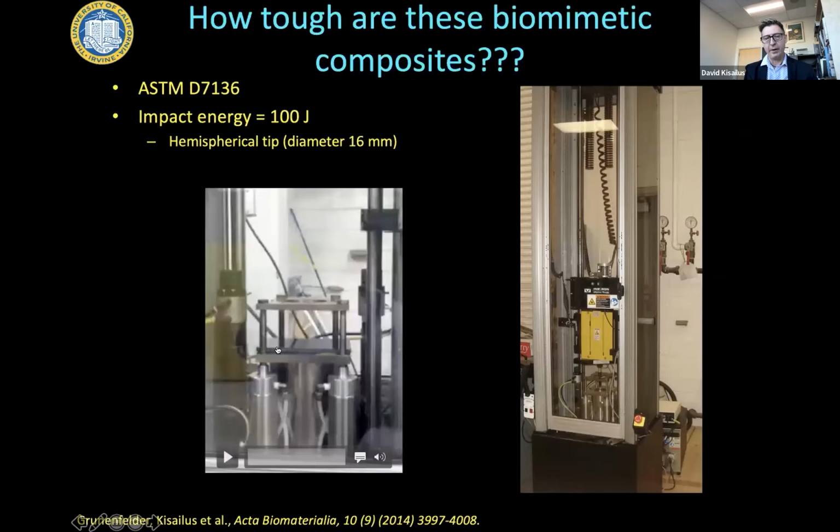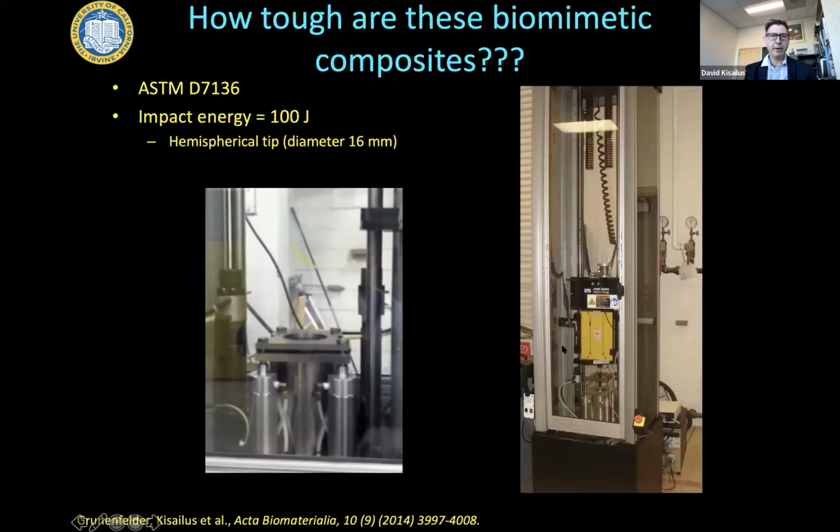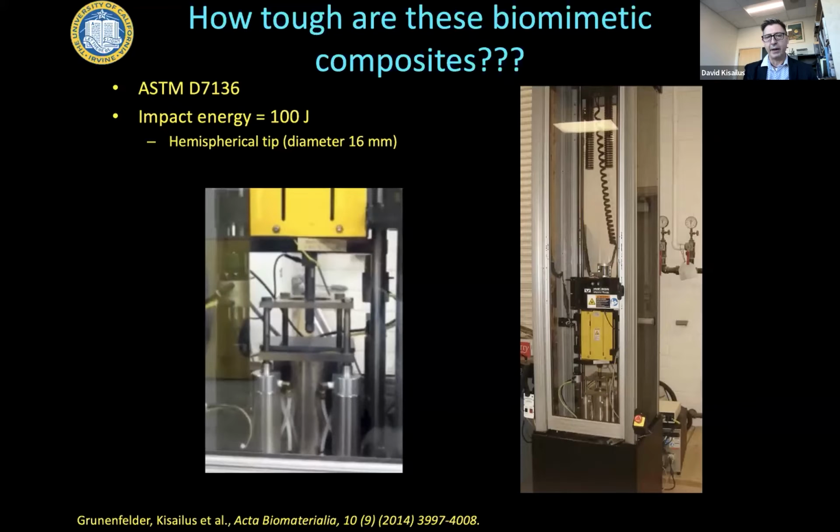And what we did was we took those carbon fiber composites that we made and put them here. It's about a 4 or 5 millimeter thick panel, put in this little device, and this hammer is going to drop down on top. So we lock in the panel. This hammer, called the drop tower, comes down and impacts the panel. It's kind of mimicking what, let's say, a bird strike or a hail strike might do to an aircraft or automobile.